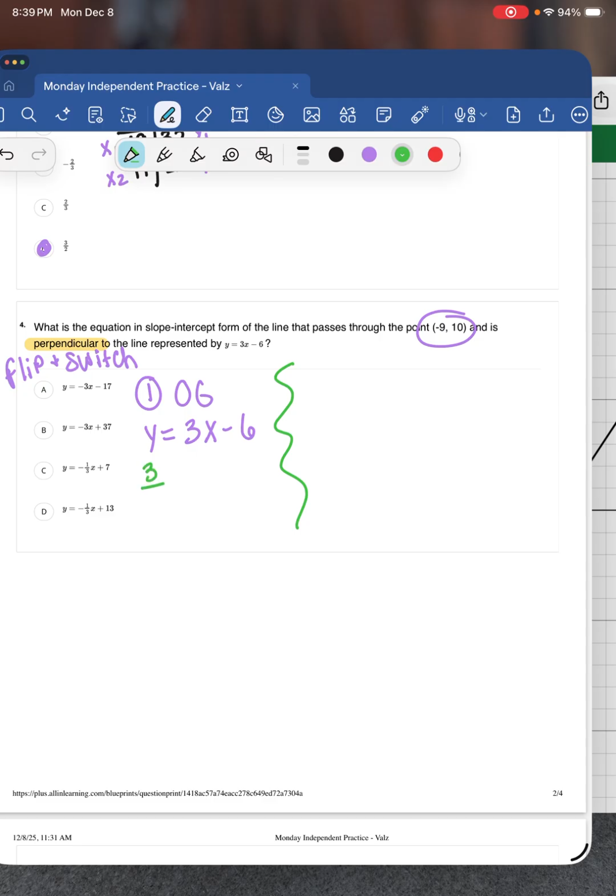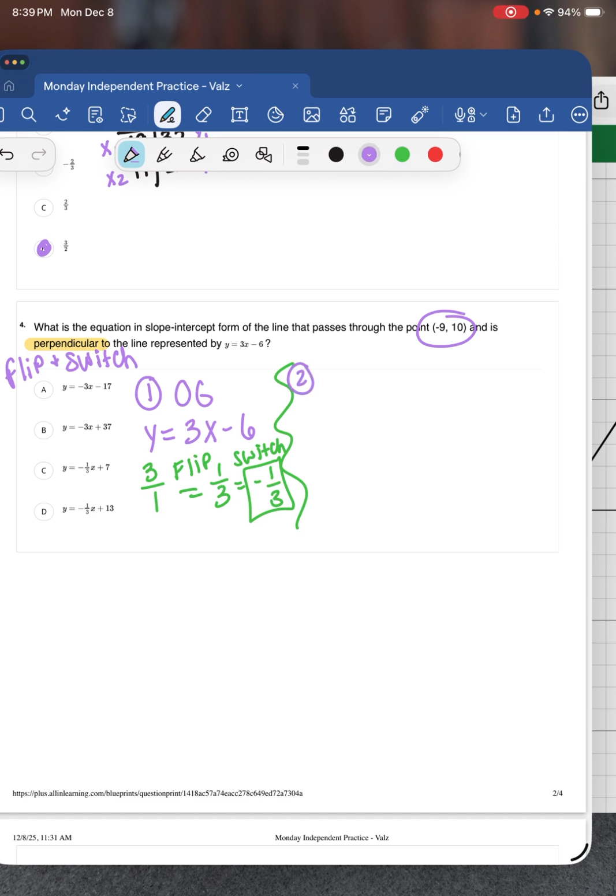So 3/1. My flip becomes 1/3. And my switch is -1/3. Now I have my perpendicular slope. So I would always write the words flip and switch so you remember that you're separating both of those steps.